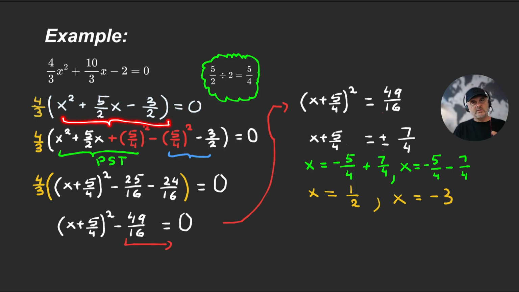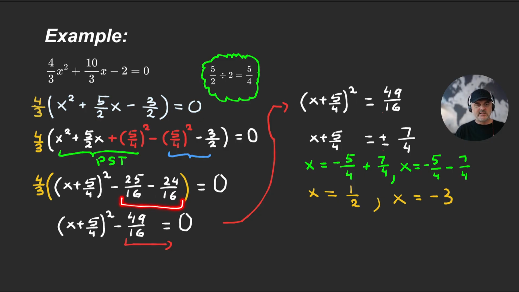Then we try to identify what is the actual perfect square trinomial so it can be compacted into a binomial to the power of 2. So x plus 5/4 raised to the power of 2 minus 25/16 because of that, and minus 3/2 with adjusted common denominator, so times 8 times 8, minus 24/16.